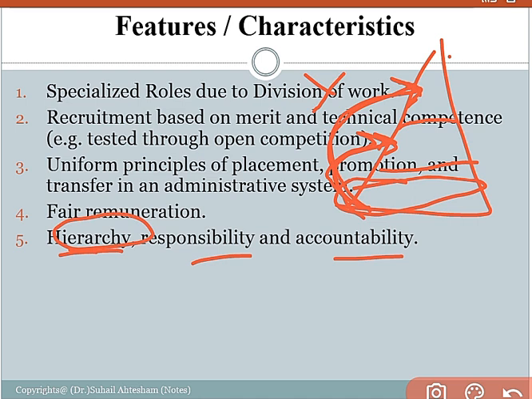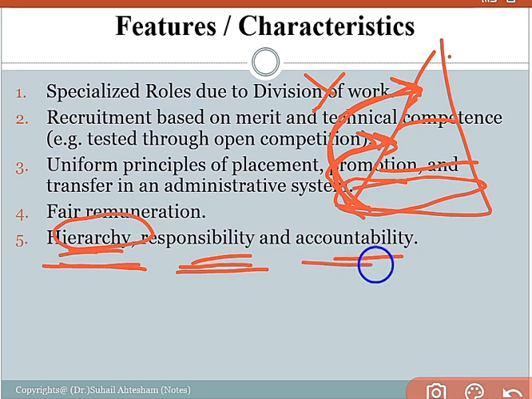So if there is proper implementation of bureaucracy theory in the organization, there will be a proper hierarchy process, and responsibility about the working of the organization, that is, how much work and who is responsible for what task.